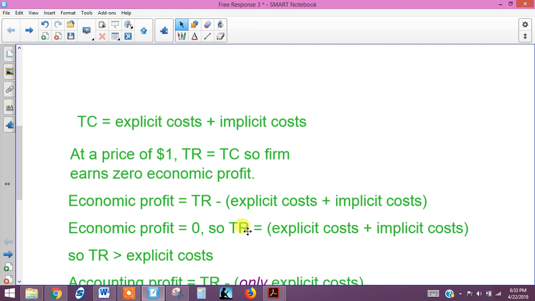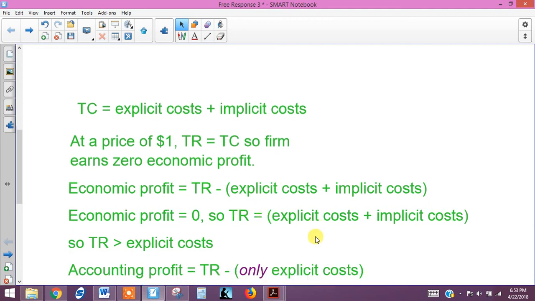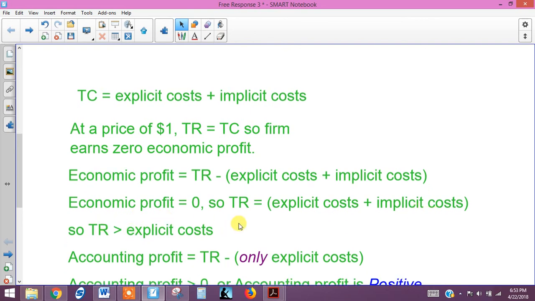Then total revenue has to equal explicit cost plus implicit cost. So total revenue has to be greater than explicit cost, assuming there is some type of implicit cost over 0.